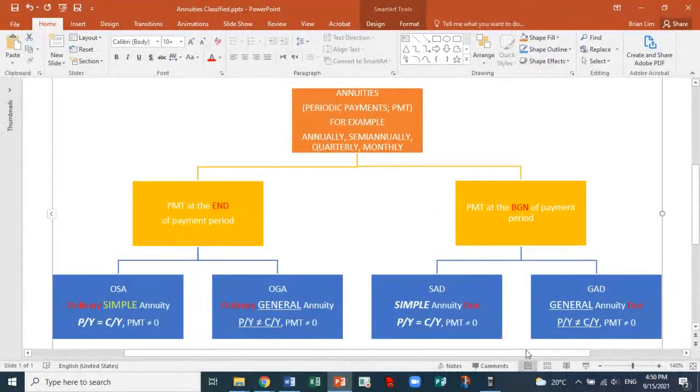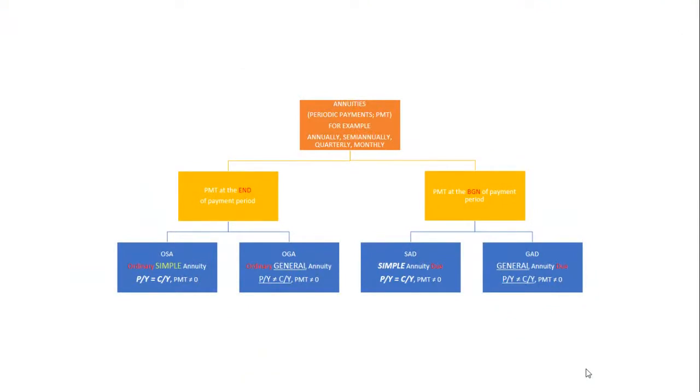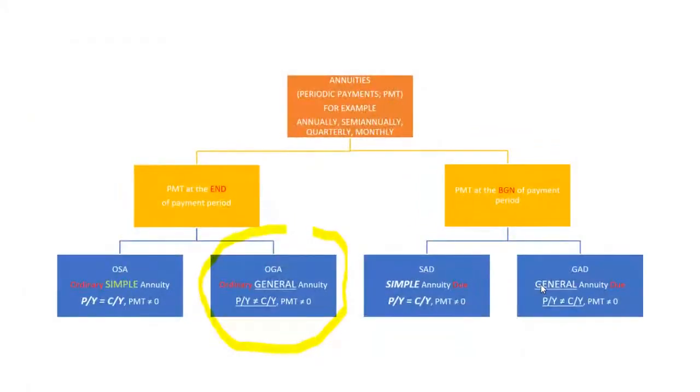Okay, so here we are. So we'll have this one right here. Okay, so that would be the answer. So it's an ordinary general annuity. Okay, so that would be the answer in this case.